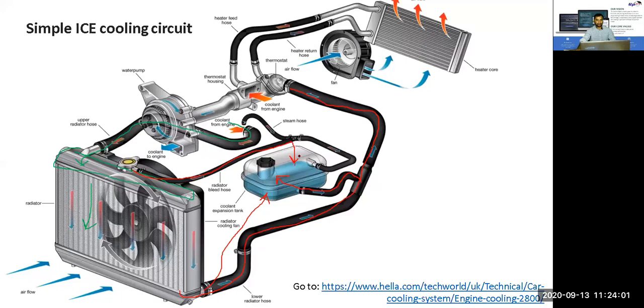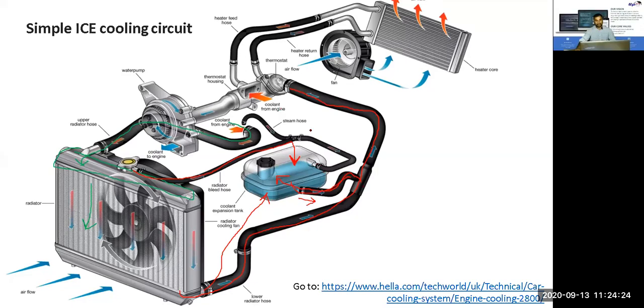If steam reaches the expansion tank, it will condense and turn into water. And when the circuit cools down, it will pull the coolant again. As you can see this arrow here, it shows the coolant is being pulled in this direction.